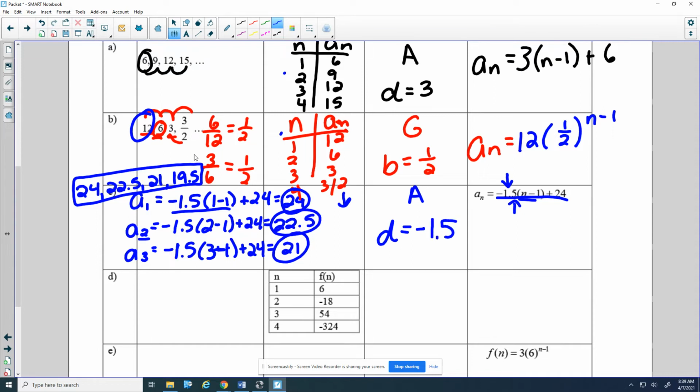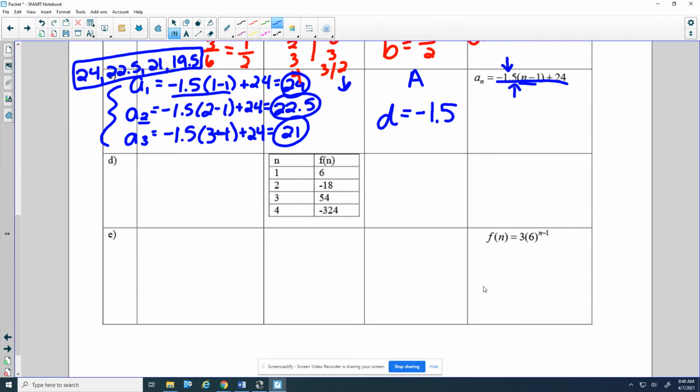The point here is I really go back and plug in the numbers to find that pattern. There are other ways to write sequence formulas where you won't recognize what the d and the start value are. So even though this does match up, like this is the 24, and that's my first term, that's the difference, that's what I'm subtracting, they can get tricky with some of the questions.